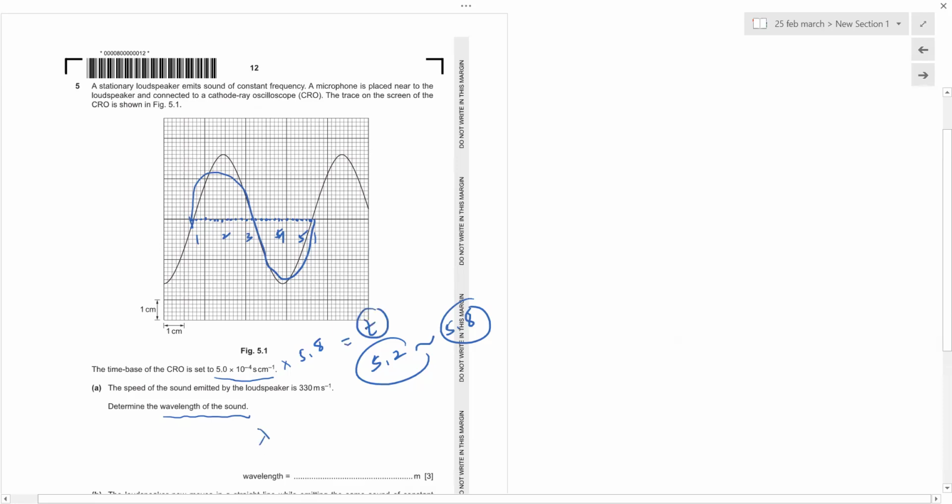So we can use lambda is equal to V into T. So V is 330 into T, which would be 5.0 exponent minus 4 into 5.8. So lambda comes out to be 0.96 meters.